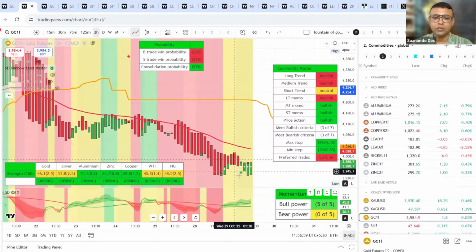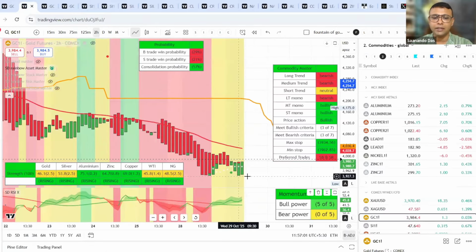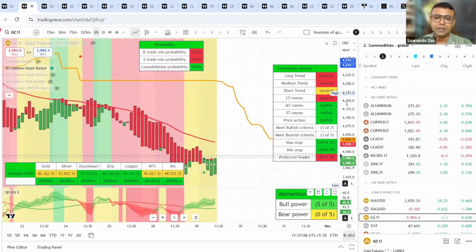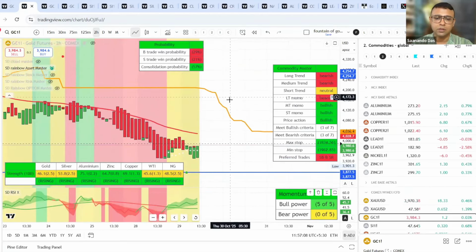So in the 2-hour chart, gold coming back is of little surprise to me, but it is significant. It is possible that with the help of today's decision by the Federal Reserve, gold can stage a comeback.